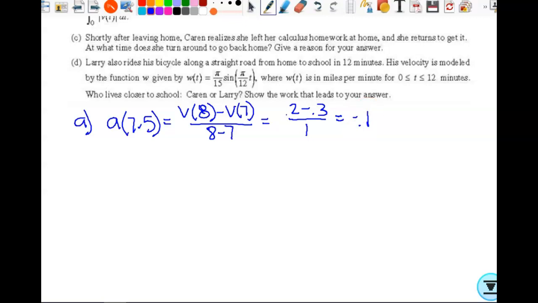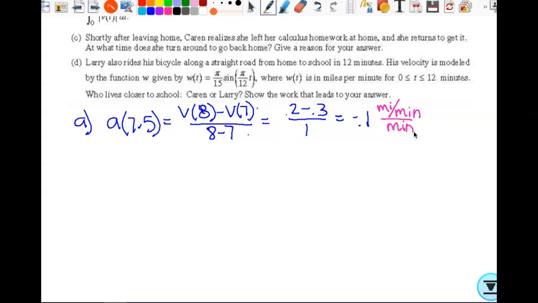And then what are our units? So I want you to think about this. We had velocity up here. Okay, so our velocity is in the numerator, right? What are the units on velocity? Miles per minute. That was our numerator. And then we divided it by what? Minutes. So it's miles per minute per minute, or miles per minute squared.